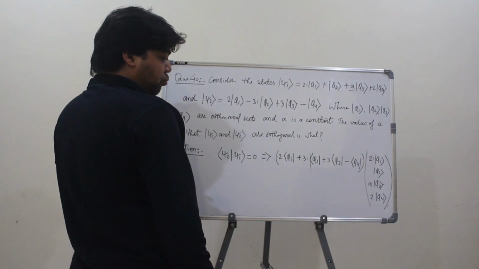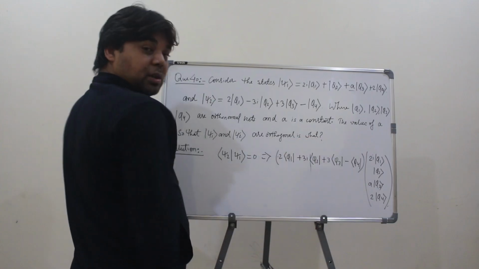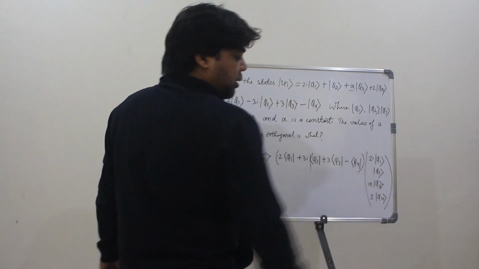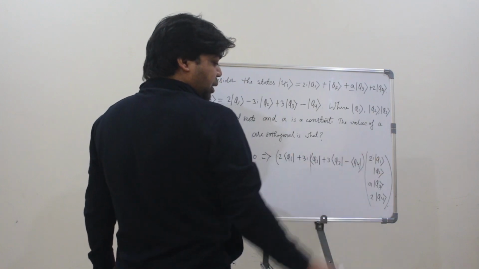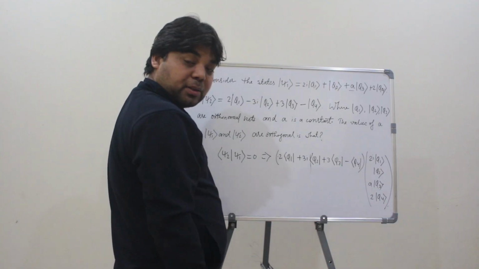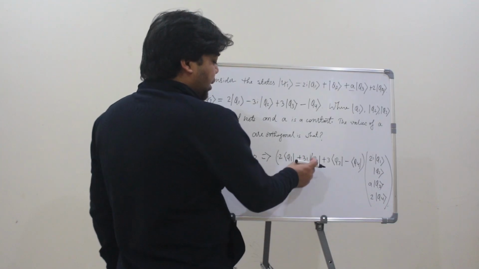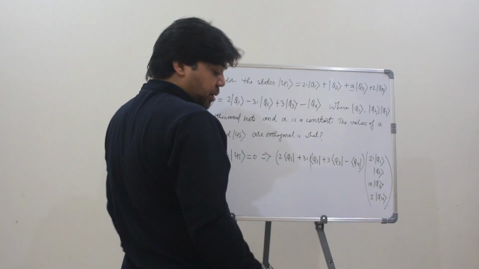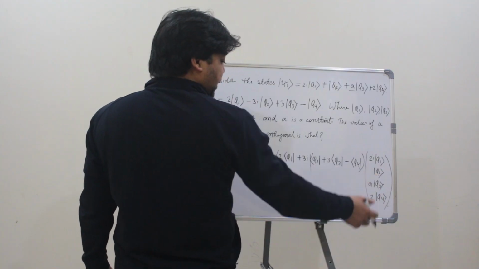Now remember that these are just matrices, and the elements phi 1, phi 2, phi 3 are multiplied by numbers, complex numbers, you can say the coefficients.